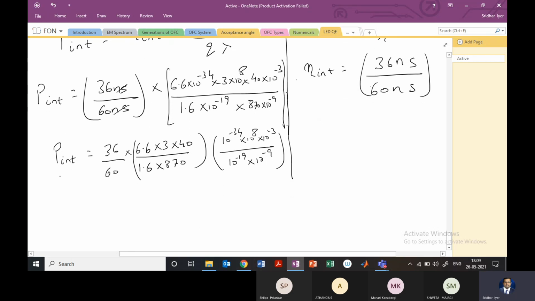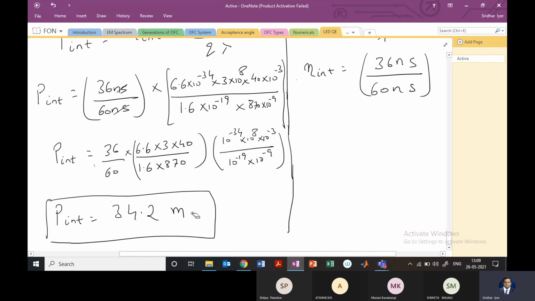Just taken all the powers on one side and the other values on the other side. Yeah, so I am also getting around 34.2 milliwatt. Yes, sir. Yeah, okay, great.